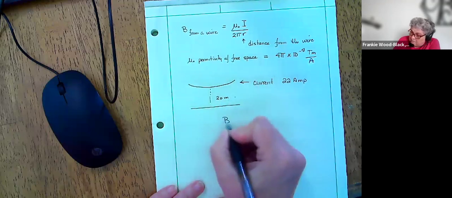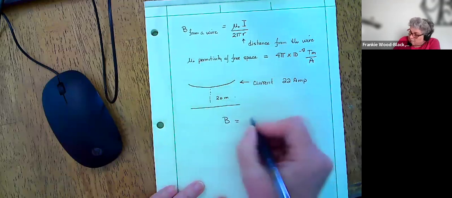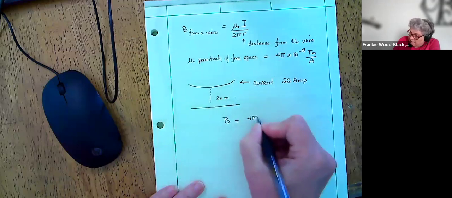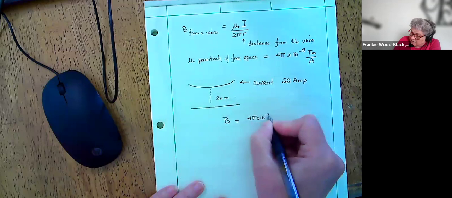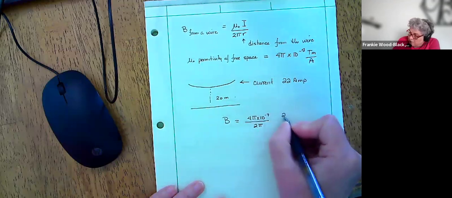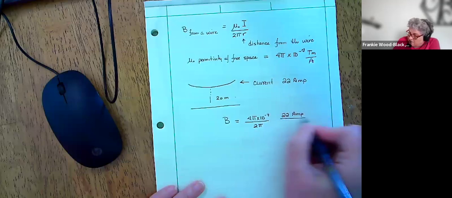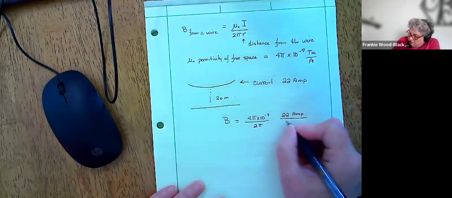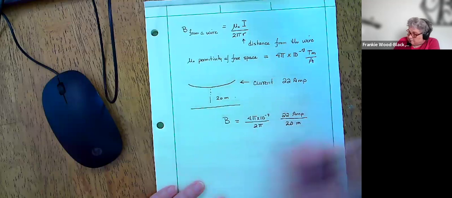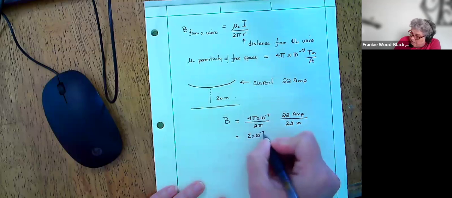We can calculate the magnetic field associated with that wire by 4 pi times 10 to the minus 7 divided by 2 pi, 22 amps, divided by our distance away from the wire, which was going to be 20 meters. And I'm going to get 2 times 10 to the minus 7.